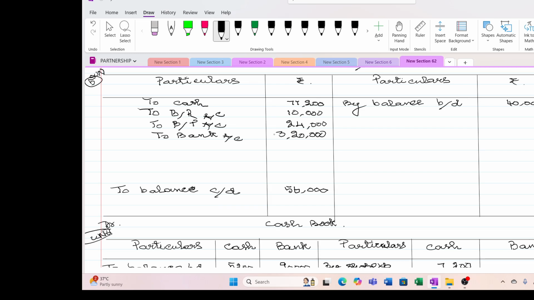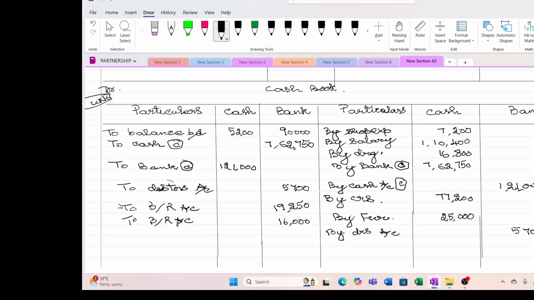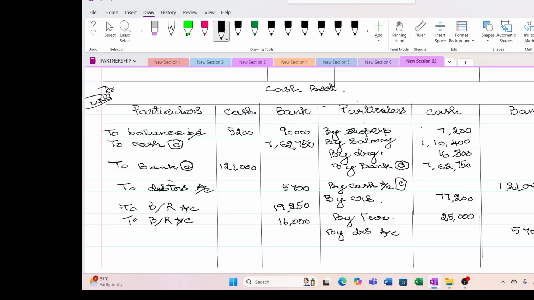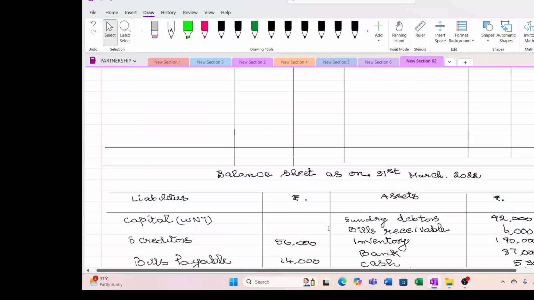In the bank account cash book, you can write one more time by creditors, or you can write it here, 3,20,000, or you can write separately also. So 3,20,000 by creditors we have made, first time through cash, and now through bank checkbook also. Okay, so moving on to the next item.